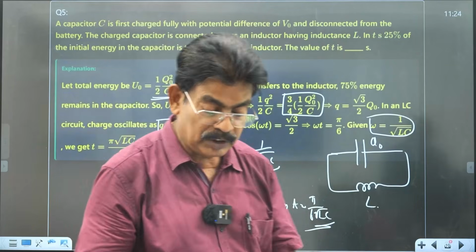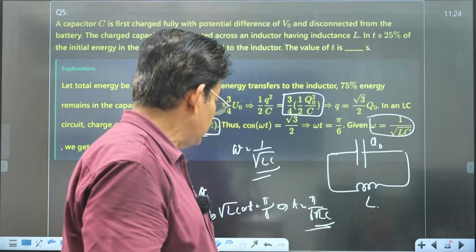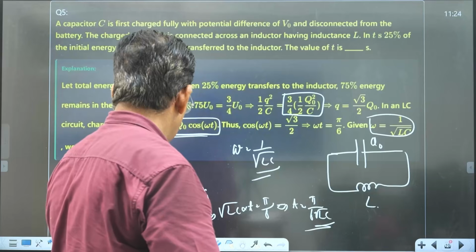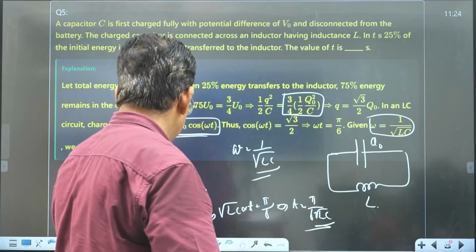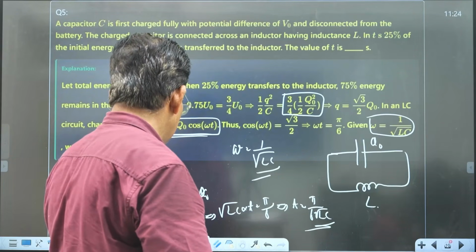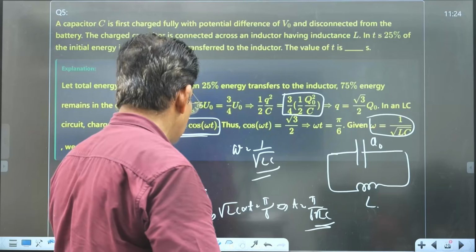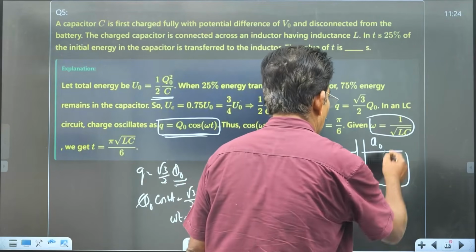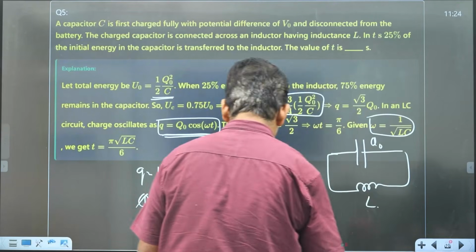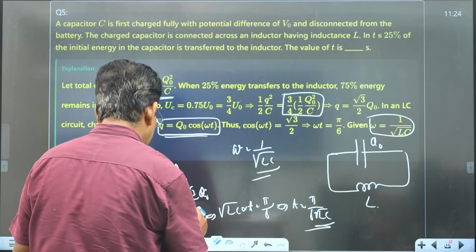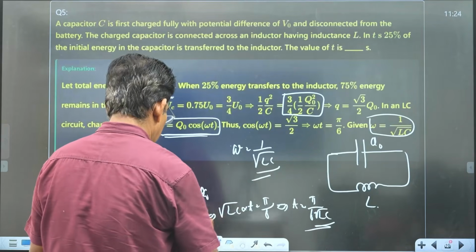So this multiple option, pi into root LC. No, what is that? Omega t is pi by 6. Omega is 1 by root LC, not root LC. That's a mistake we made. Look, omega is 1 by root LC, as I wrote there.